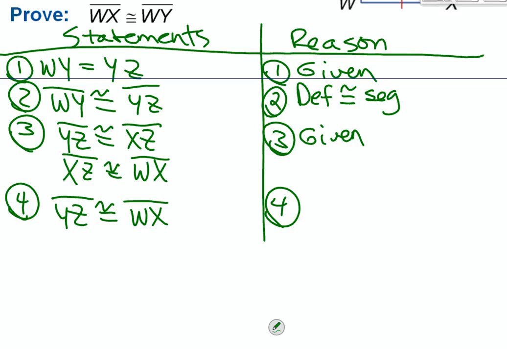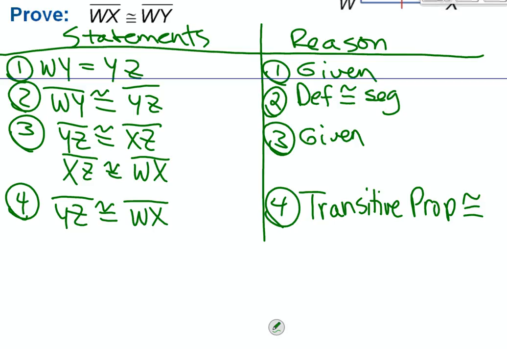Yep. Go ahead and tell me what it is. The transitive property of congruence. So if the first thing is congruent to the second thing is congruent to the third thing, then the first thing is congruent to the third thing.